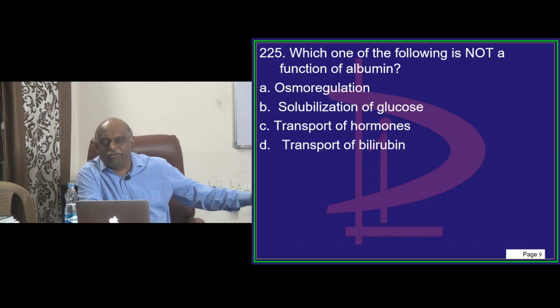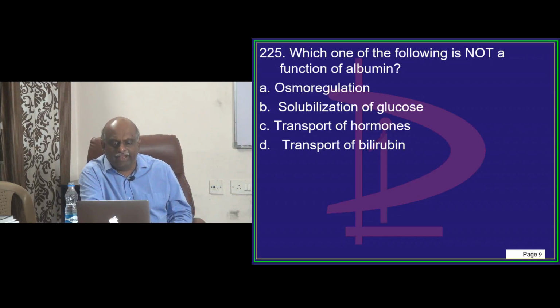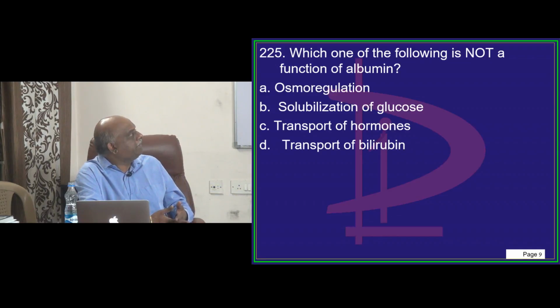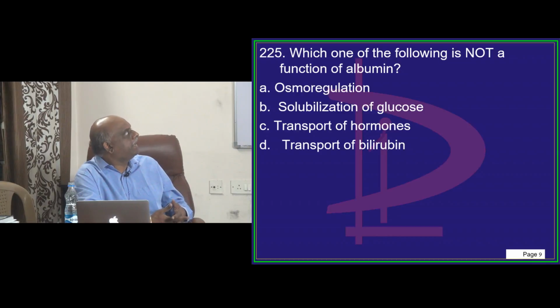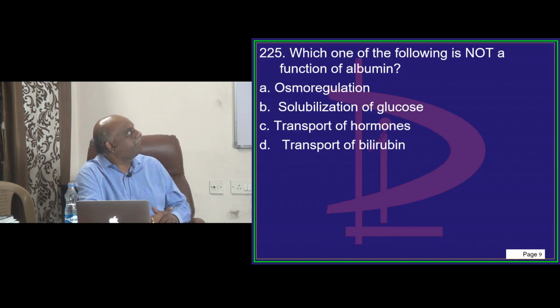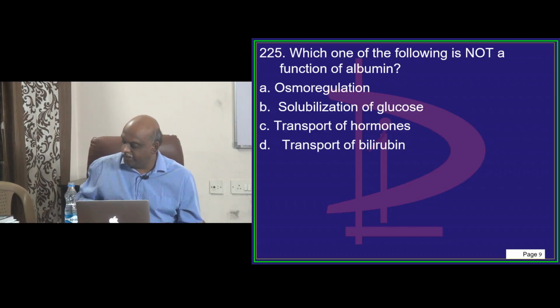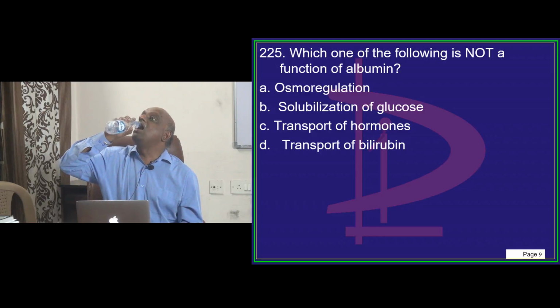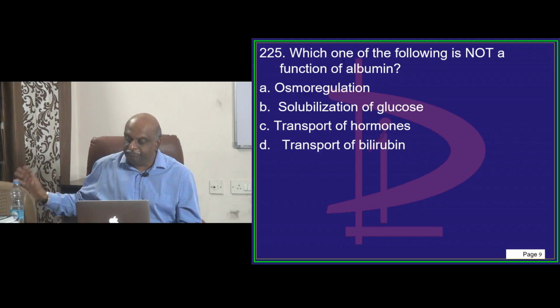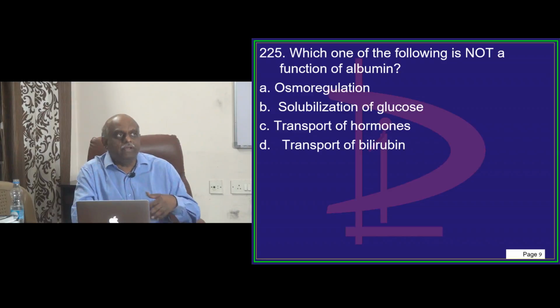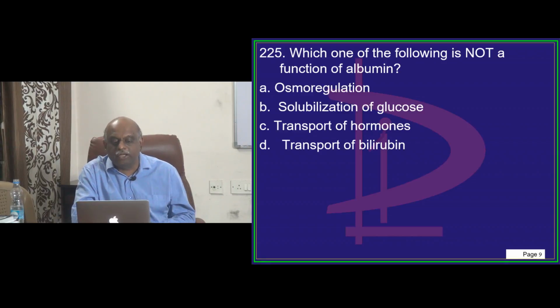Now, it is not a function of albumin is a very important question. Which is not a function of albumin. Question number 225. So albumin has a lot of functions. It maintains the osmotic pressure, colloid osmotic pressure of the plasma. And the moment you are having albuminuria, nephrotic syndrome, that is the main underlying problem.